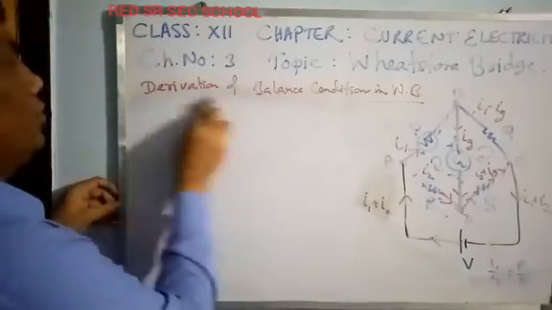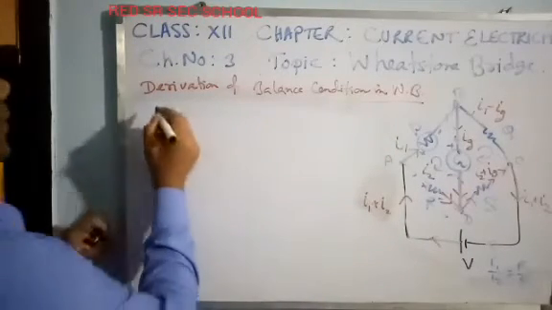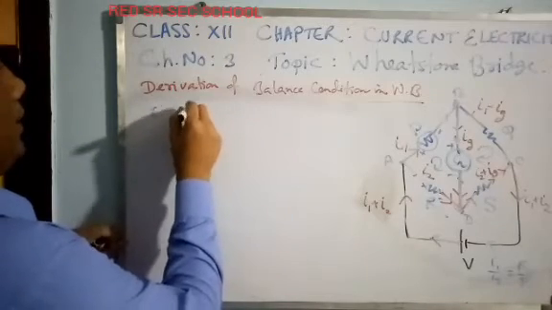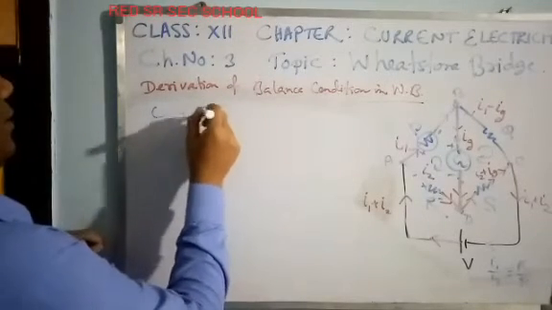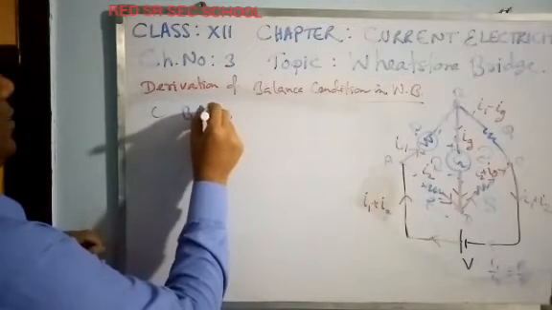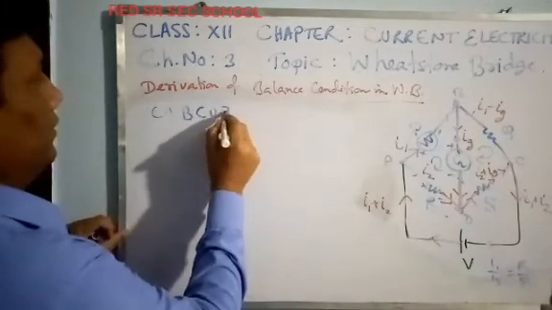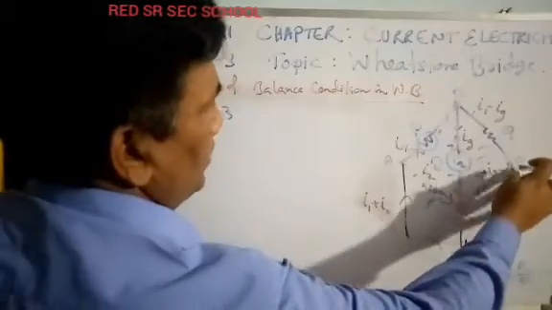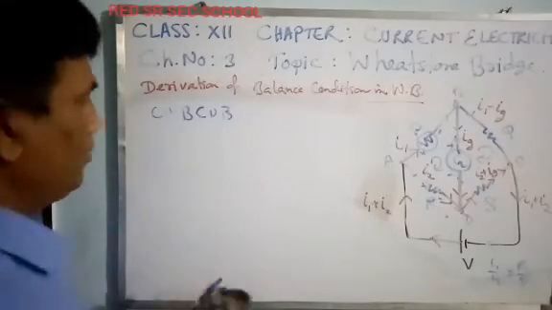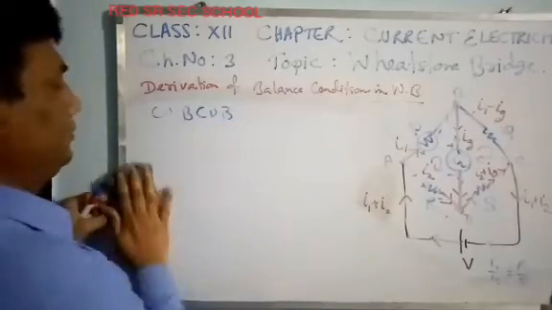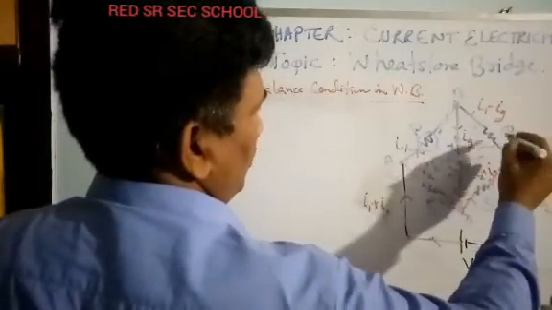Now I will be going for the loop BCDB. In the loop BCDB, if I go from B to C, I get a negative potential drop, because current is flowing this way, so this point will be high potential and this point will be low potential.